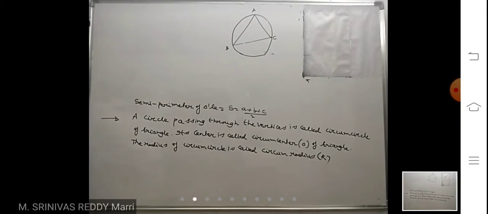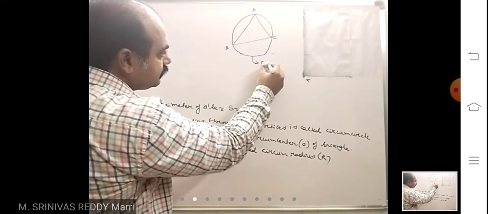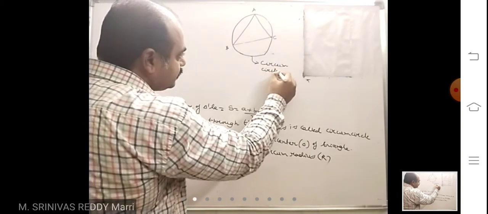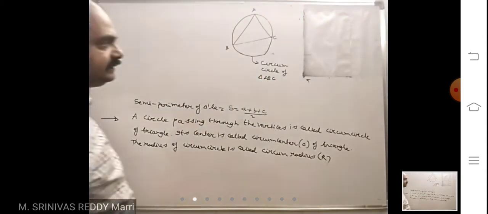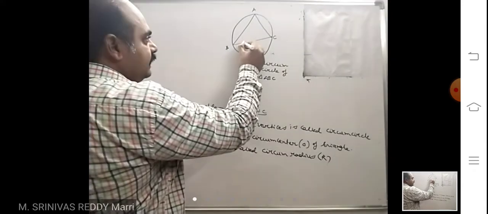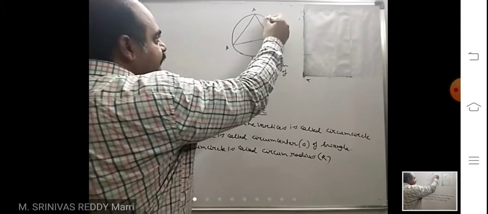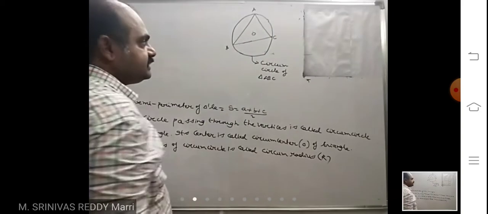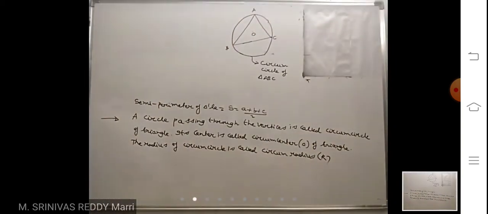So this circle is called the circumcircle of triangle ABC. The center of this circle, let us say it is O, is called the circumcenter of the triangle.